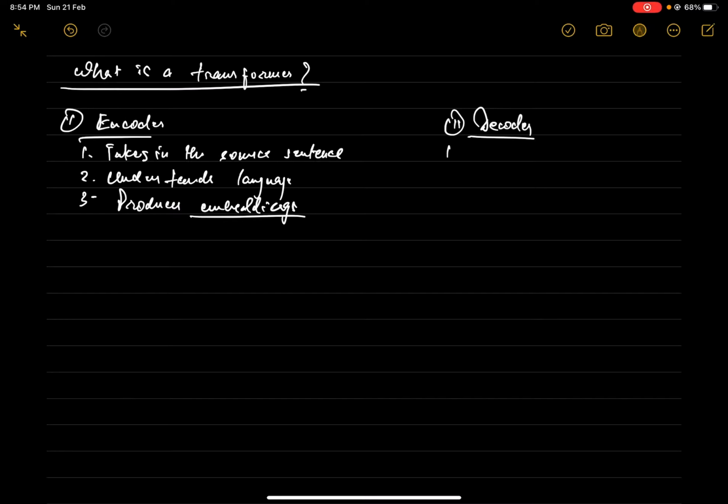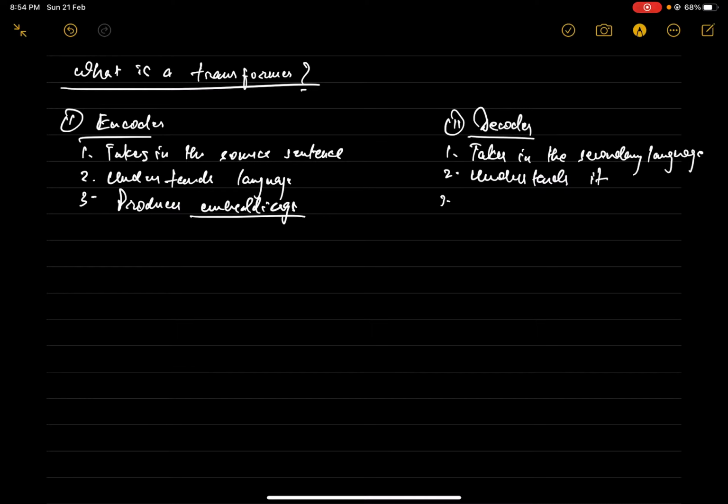So what a decoder does is it takes in the secondary language, again just like an encoder, understands it.